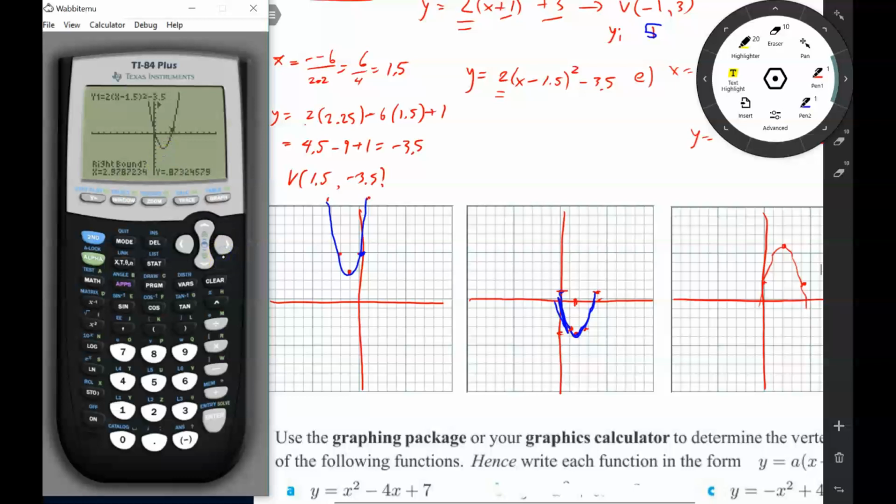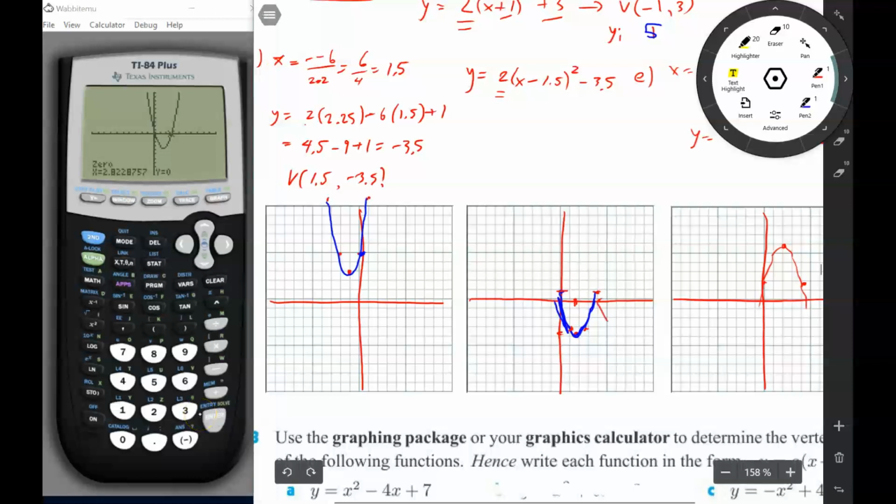Enter. Guess, it doesn't matter where you guess. So the 0 value is 2.82, 0. If you happen to care.